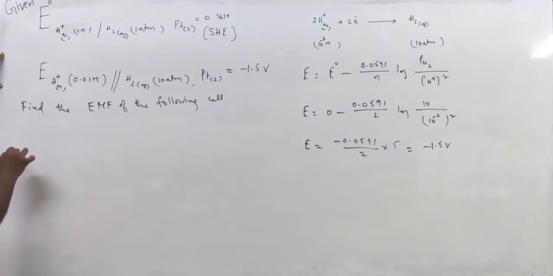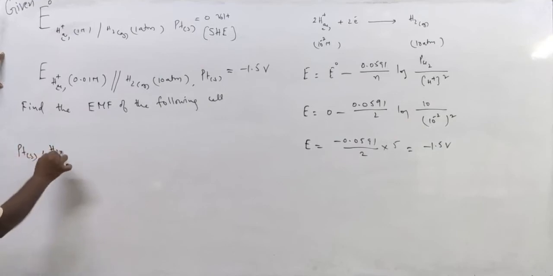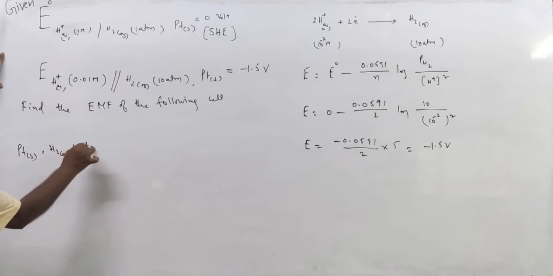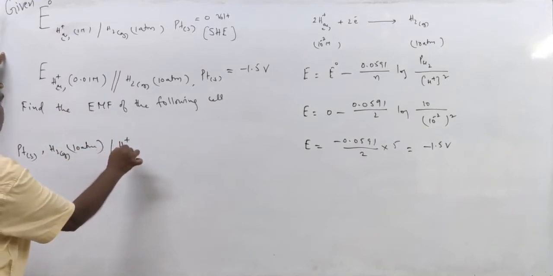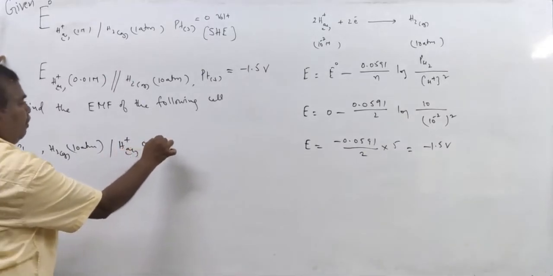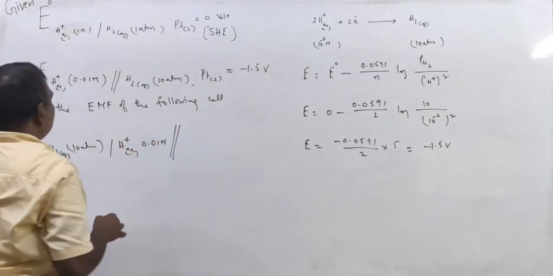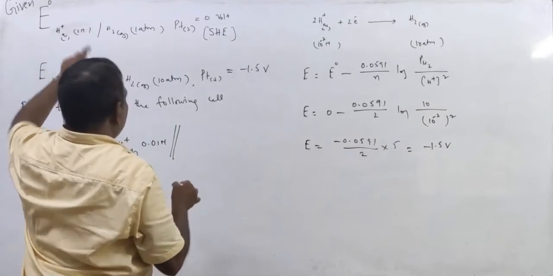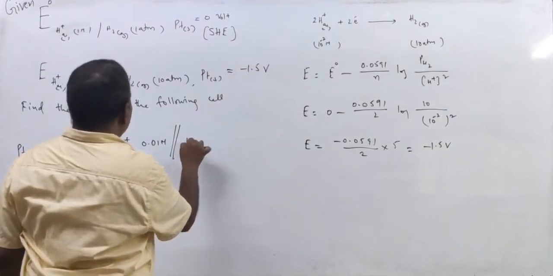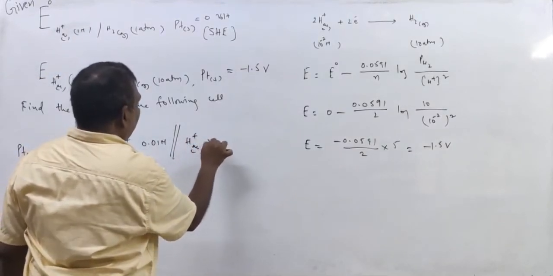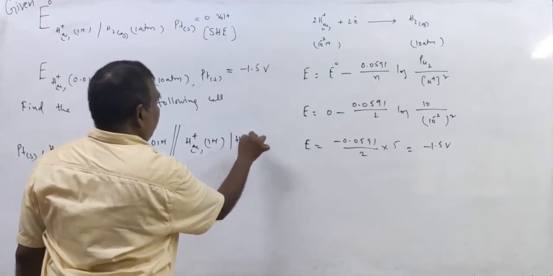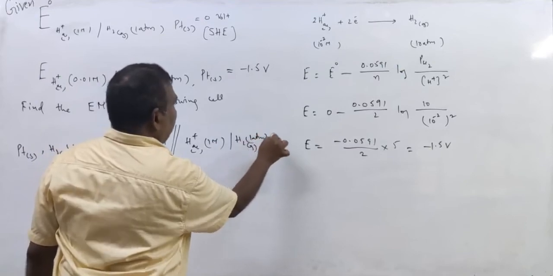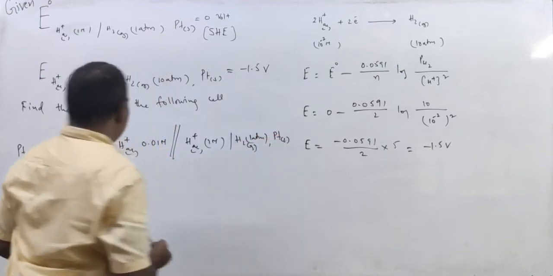See, Pt solid, hydrogen gas, 10 atmosphere, H plus ion concentration 0.01 molar, salt bridge. This is the cathode: H plus ion concentration 1 molar, hydrogen gas, 1 atmosphere pressure, Pt solid.